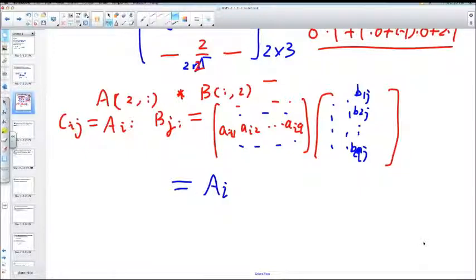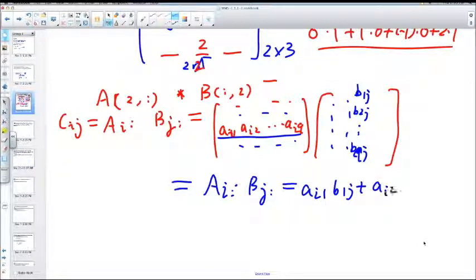Ai, that's the row here, dot Bj, which equals Ai1 times B1j plus Ai2 times B2j, you got the idea, and the AiQ times BQj. Again, you see why this is important. This Q needs to equal.